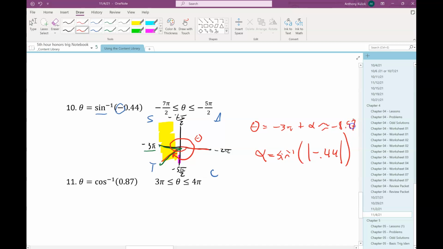I don't know what's going on with my calculator, but it doesn't seem to be doing it right. Are you in the correct mode? I think so. Did you press the mode button and confirm that you're in radian mode? Press the mode button. I don't know, this is your calculator.